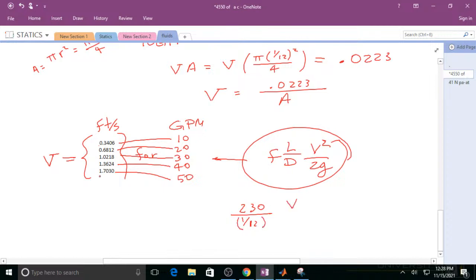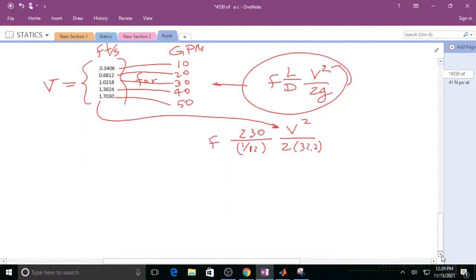Well, that's the number that goes in here, and then 2 over 32.2, but I don't know the f. So I need to know f for every one of these. For V equal to each of these numbers, I need to know what f is for each of these numbers.